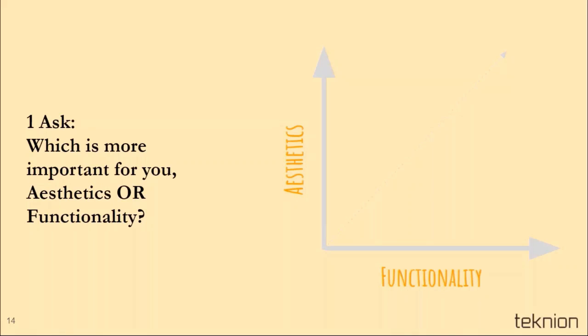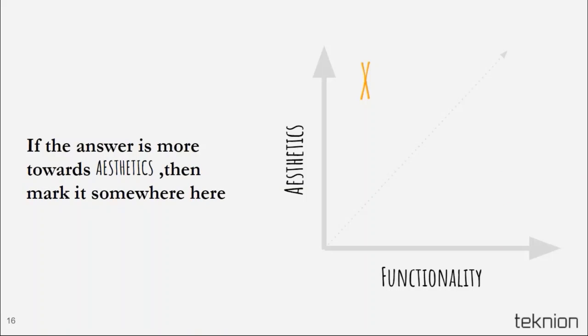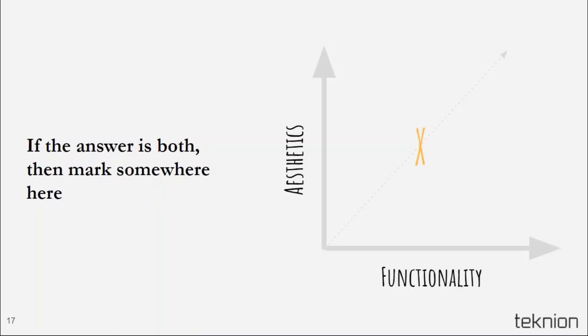Wait for the answer. If he or she answers functionality, then put an X somewhere here at the bottom right-hand side of the diagram. If he or she answers aesthetics, place an X somewhere here on the top left-hand side of the diagram. If the answer is both, place an X somewhere in the middle.